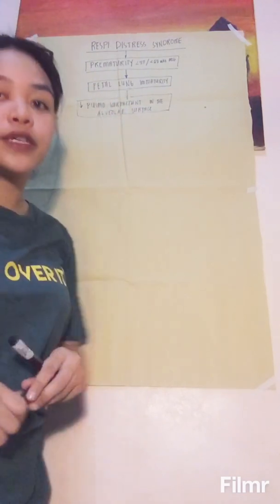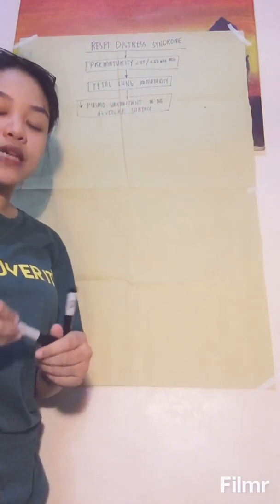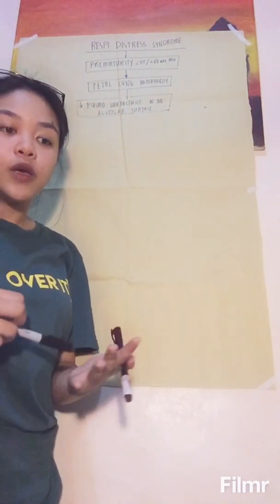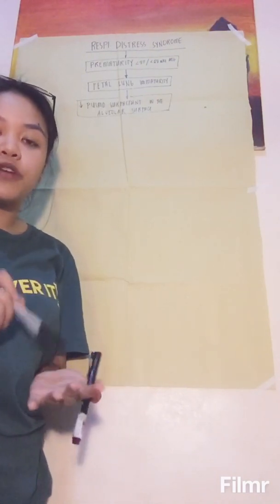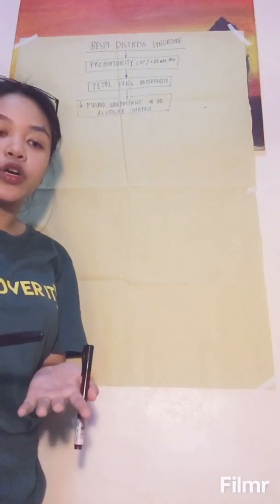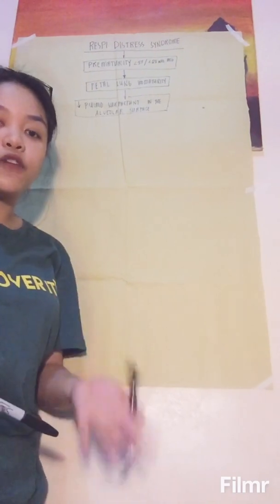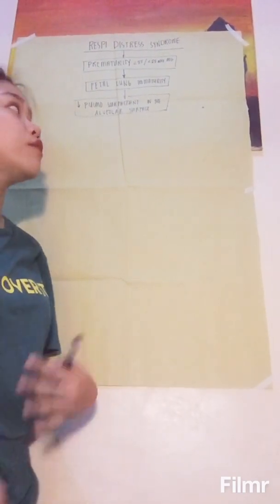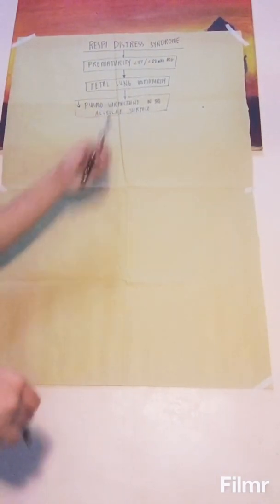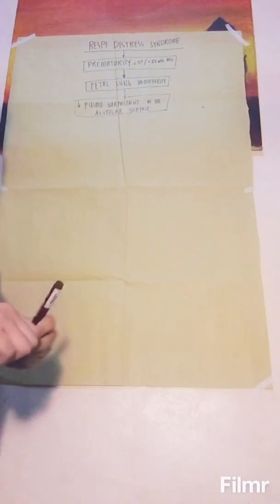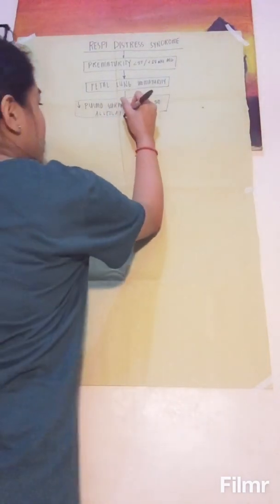So, what is surfactant? Surfactant acts as a cushion in the pulmonary tissue that prevents the collapsing or closing of the alveoli in the alveolar surface. So, because the pulmonary surfactant is low, it will lead to alveolar surface tension.